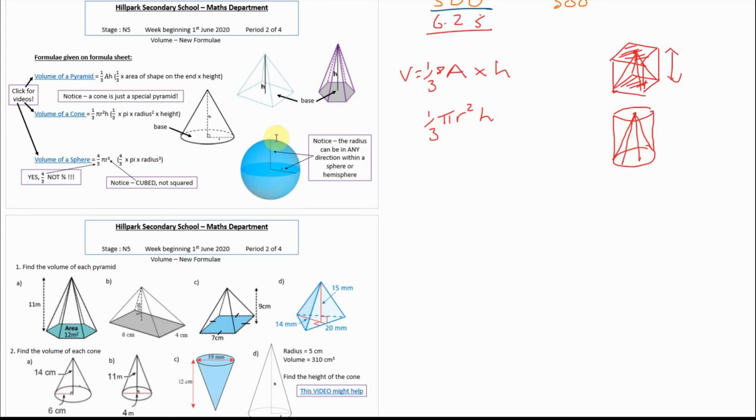Okay, dead straightforward. For a sphere, again, you're given this. Everyone forgets it's cubed, not squared, okay? So when you're thinking in volumes, you should be thinking in cubes. Obviously here, that's two lengths, r and r, times by h, so you get three lengths, and that's why that works. Oh, sorry, there's no h in that.